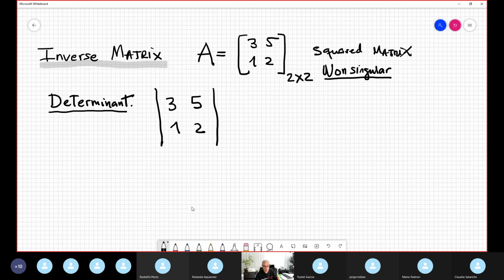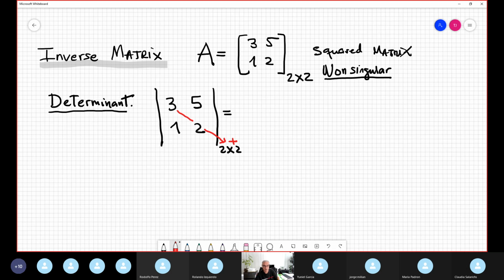This is the determinant. And the rule to compute the determinant 2 by 2 is clear. I want to explain it now. In the lecture on the determinant, I want to explain in detail what the meaning of that is. Okay, you multiply that number, you multiply this number, and you put positive, it doesn't change the sign.